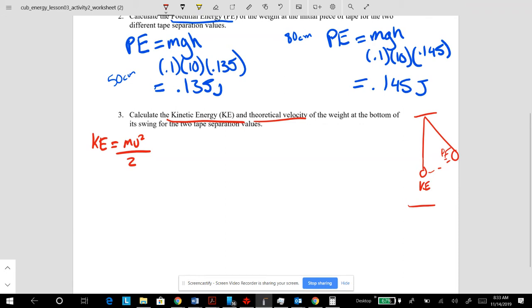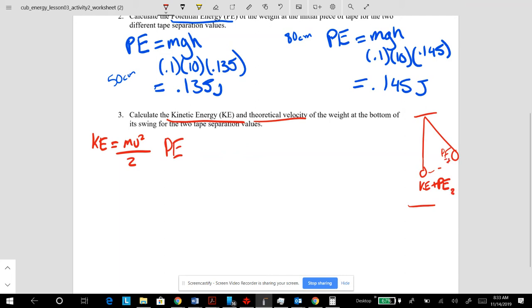And remember, conservation of energy says energy is neither created nor destroyed. It's just transferred from one form to the other. So if I have potential energy here and I also have it at the bottom, the kinetic energy would not fully equal the potential energy. It's going to be kinetic energy plus potential, right? I'll make this potential energy 1, I'll make that potential energy 2.